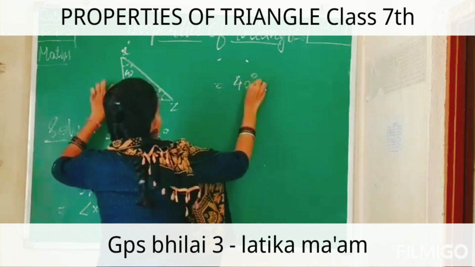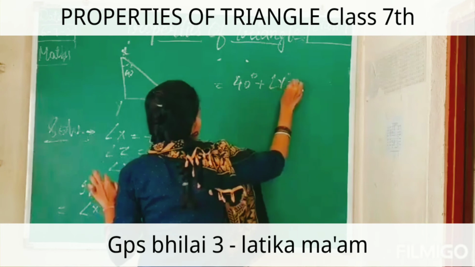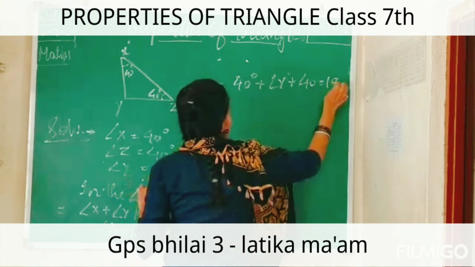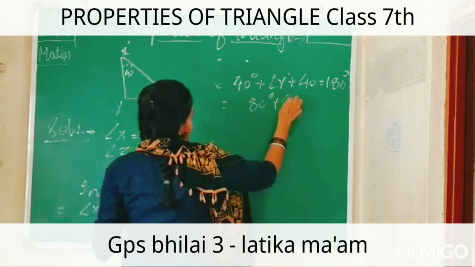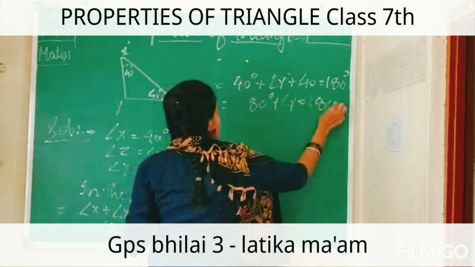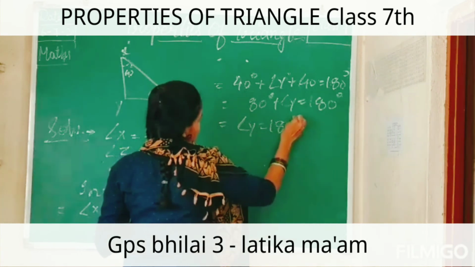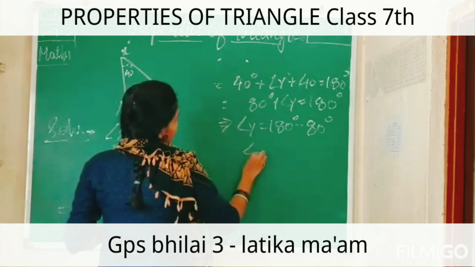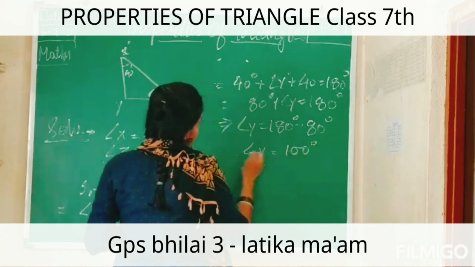Angle x 40 degrees plus angle y plus angle z 40 degrees is equal to 180 degrees. 80 degrees plus angle y is equal to 180 degrees. Angle y is equal to 180 degrees minus 80 degrees. Angle y is equal to 100 degrees.